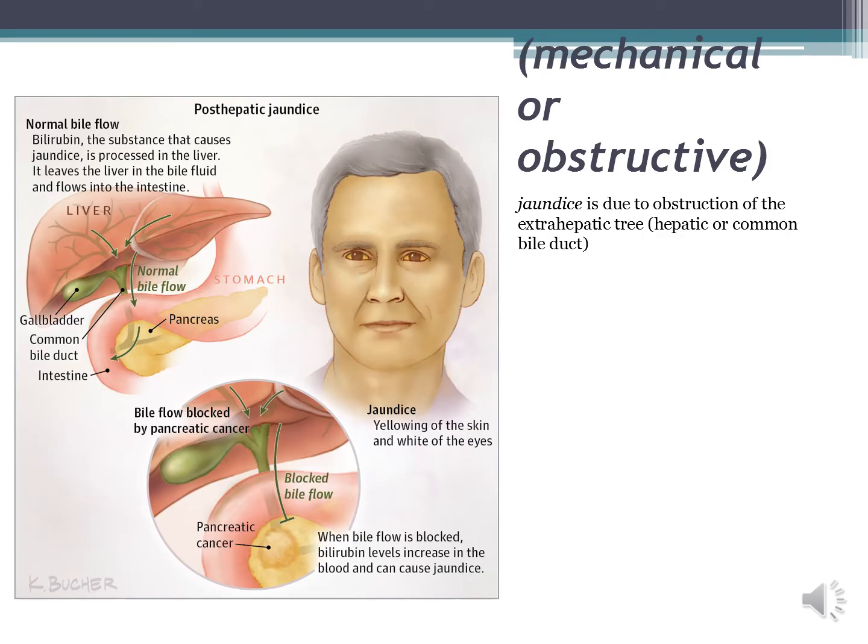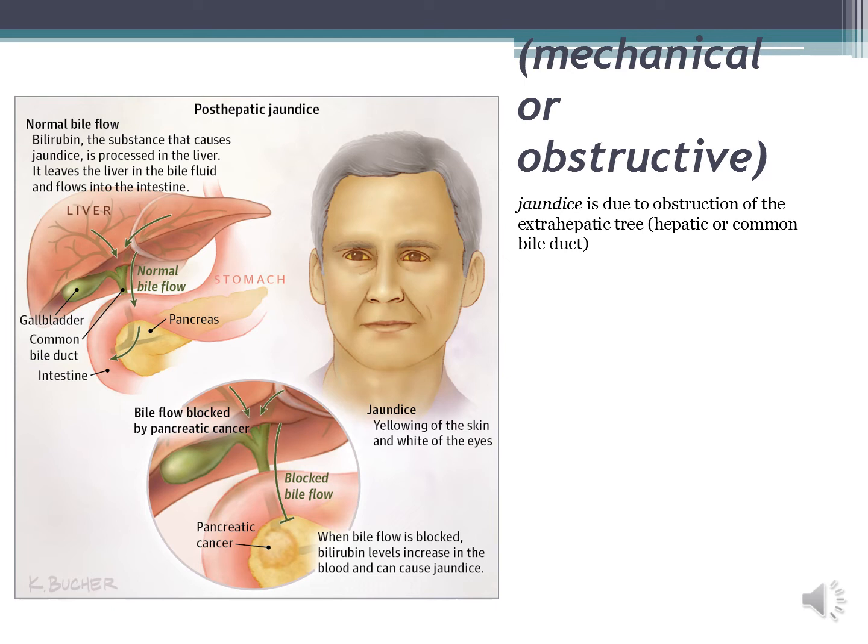And the third group, post-hepatic jaundice. It may happen due to obstruction of the extrahepatic tree, hepatic or common bile duct. In this picture, it is described like the normal bile flow.